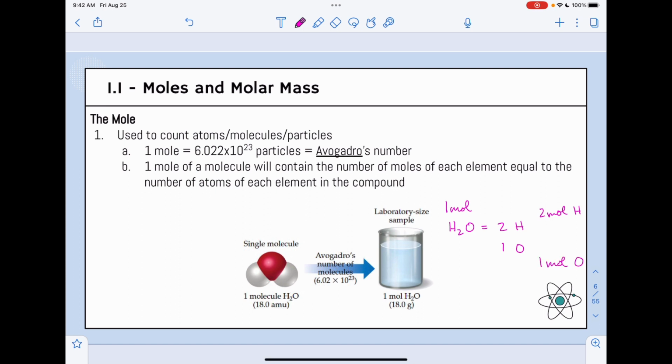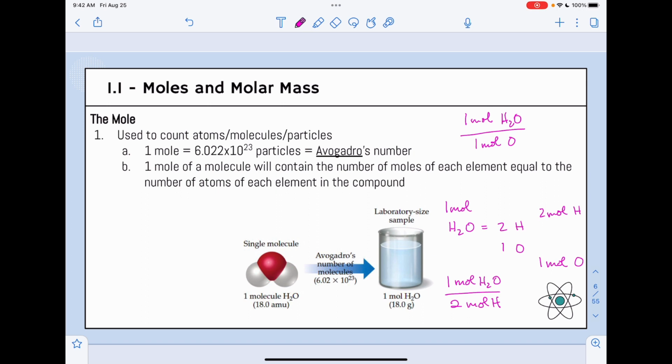We can set this up almost like a ratio. For every 1 mole of H2O, we have 2 moles of hydrogen because we've got that 2 as a subscript. And for every 1 mole of water, we get 1 mole of oxygen particles because we just have 1 oxygen atom in a formula of water.